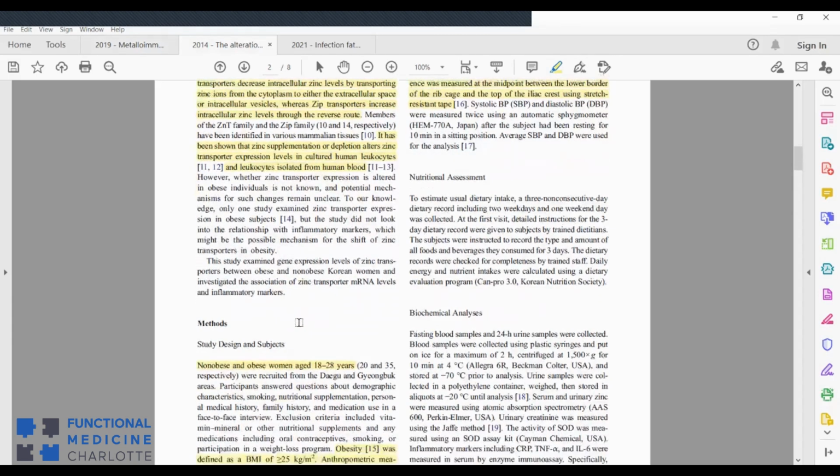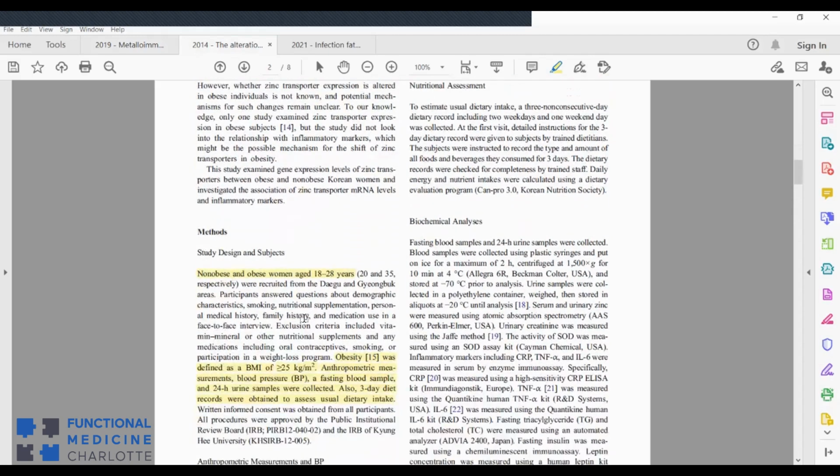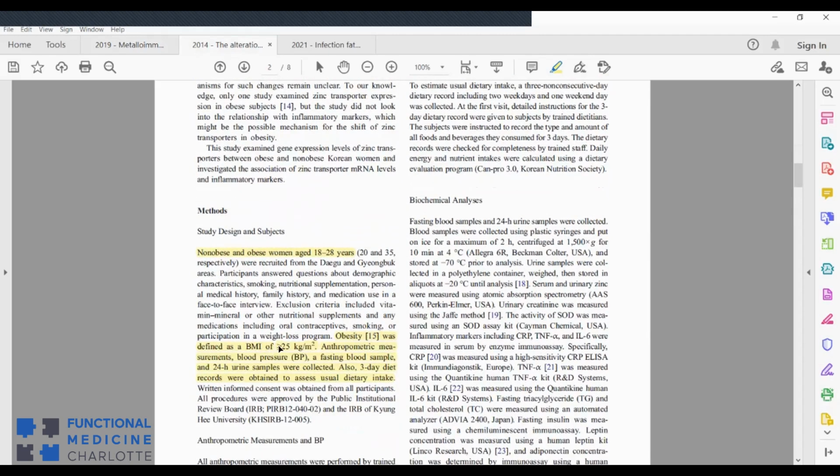So last thing I just want to pull out of here is this study defined obesity as a BMI of greater than 25. Some people don't define obesity until greater than 30. So I just want you to understand that 25 or higher is obese here. BMI is not the best or most accurate marker because it's based on height and weight.